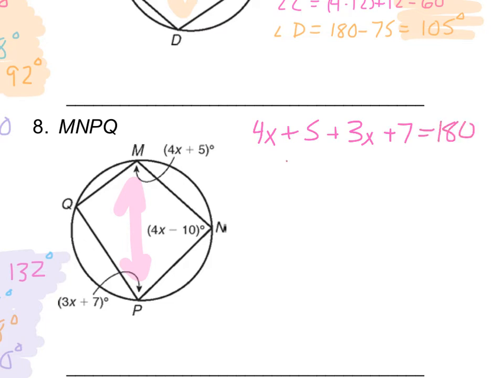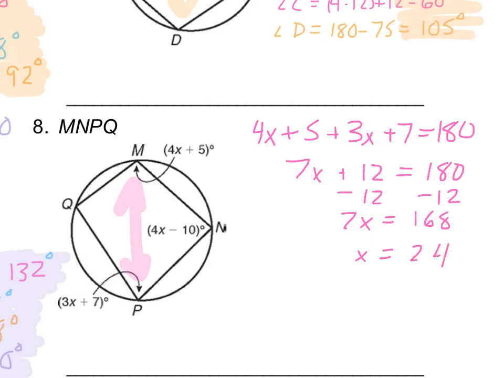We're going to combine our like terms, so we have 7x plus 12 is equal to 180. We can subtract 12 on both sides, so we get 7x is equal to 168. And then we divide by 7 on both sides, so 168 divided by 7 is 24. So x is equal to 24.